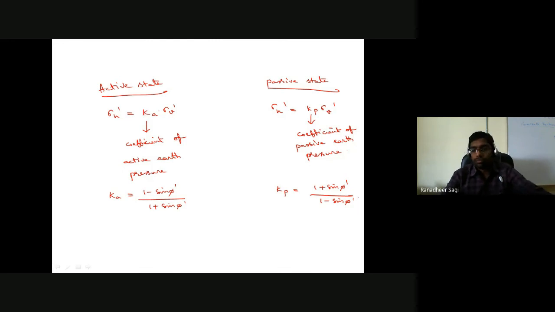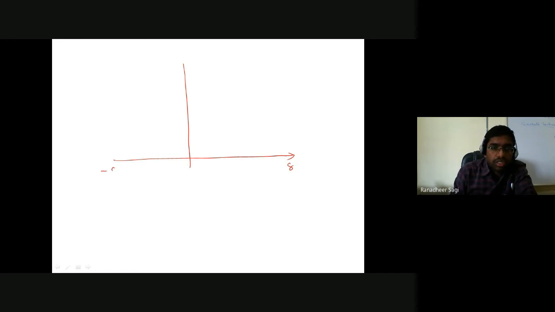Okay. So now, if I want to plot a graph between coefficient of earth pressure versus the displacement of the retaining structure, on the vertical axis I am indicating the coefficient of earth pressure, and on the horizontal axis the displacement delta.